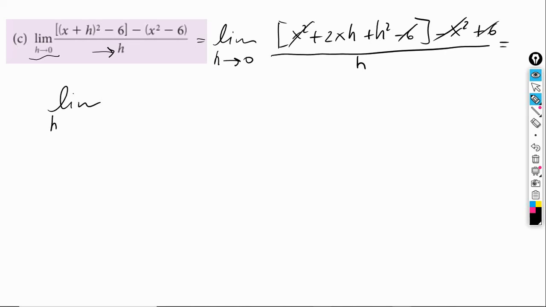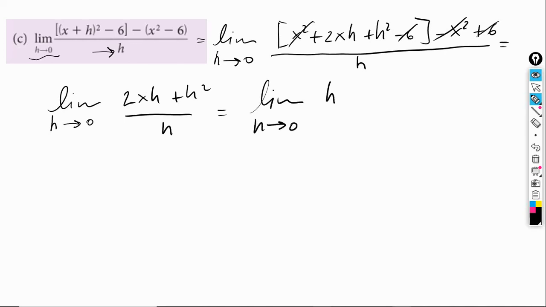So limit as h approaches 0 of 2xh plus h squared over h, and then let's factor out h on the top. So rewrite, always write this. Limit as h approaches 0 of h times (2x plus h) over h. So now we can cancel out the h's and we can solve for this.